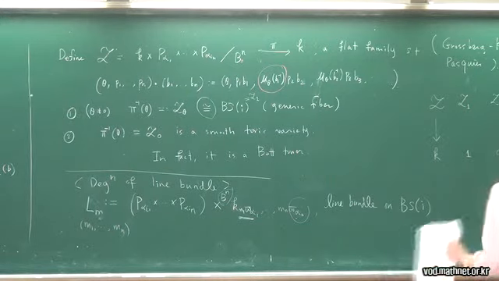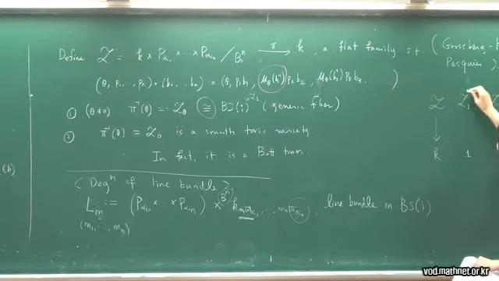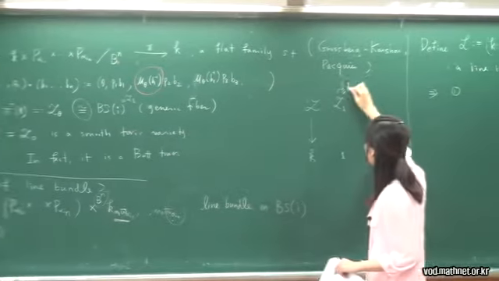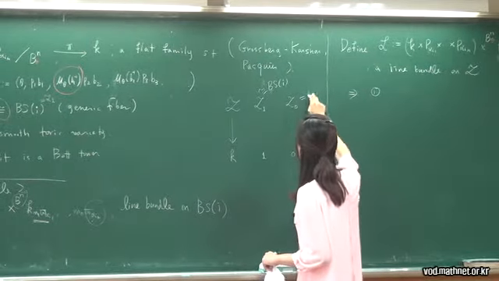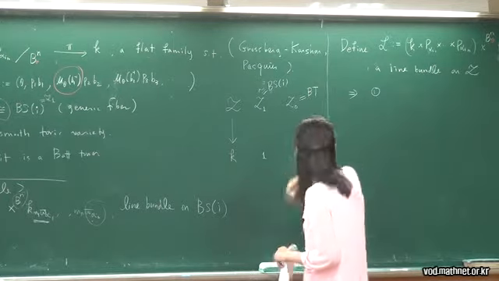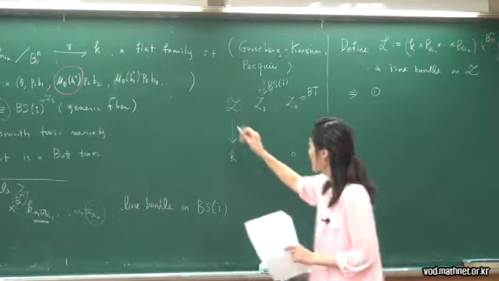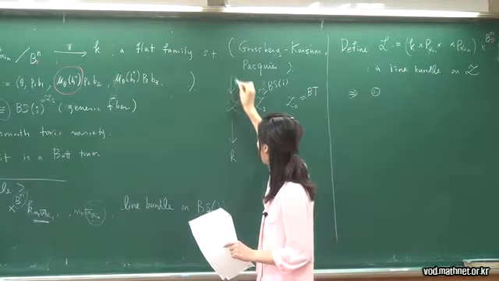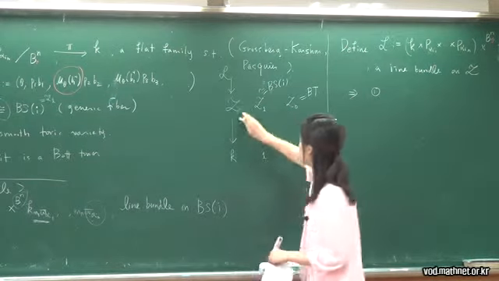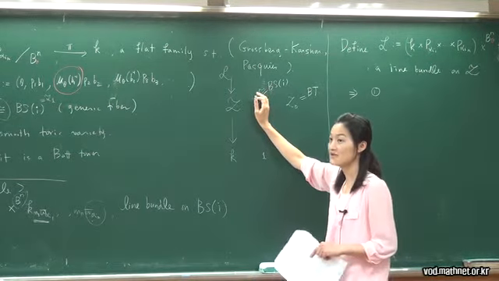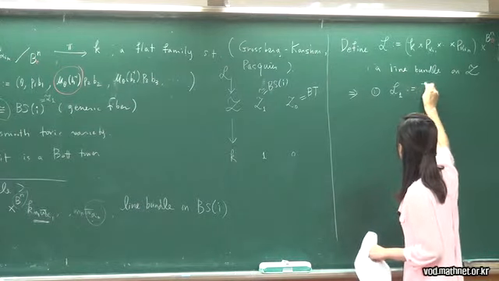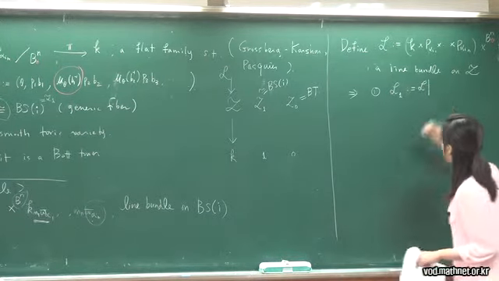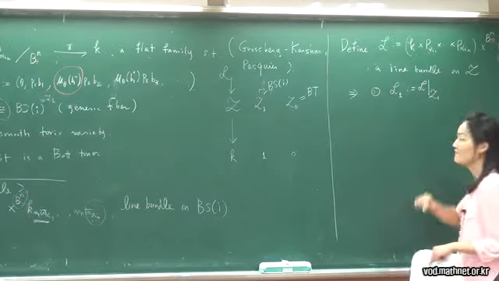Okay. So this Z_1 is our original object, and let me put this one as a bar tower. Now we have a line bundle over Z, and you restrict it to Z_1. Let me put that as L_1, which is the line bundle restricted to Z_1.